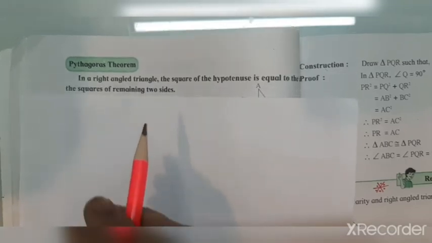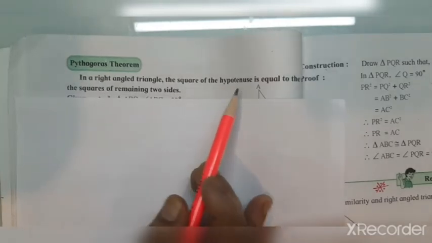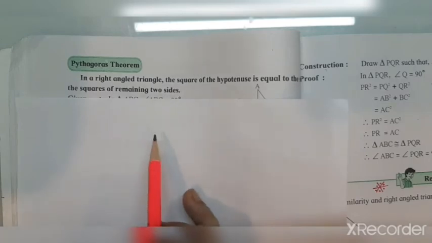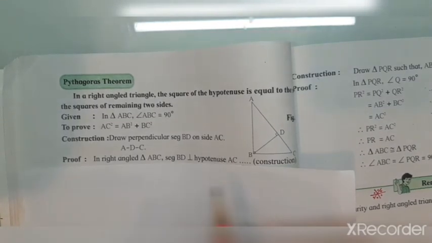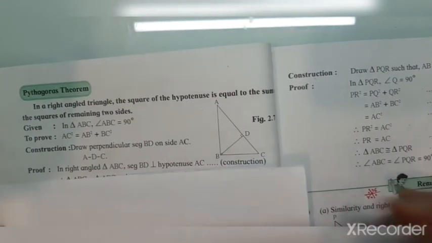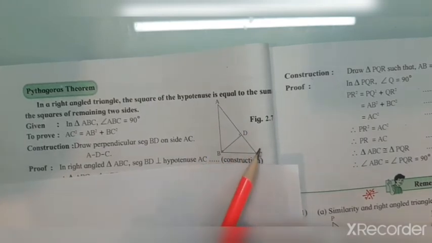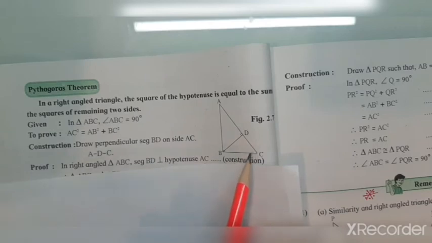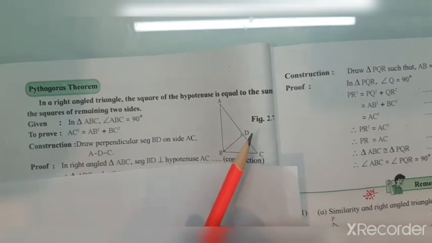So, the statement is, in a right angle triangle, the square of the hypotenuse is equal to the square of the remaining two sides. Okay, so since it is Pythagoras theorem, again, as I said, that very important, there should be a right angle triangle, and this is a triangle which we had used for theorem of similarity of right angle triangles, and also the same triangle was there for geometric mean also.